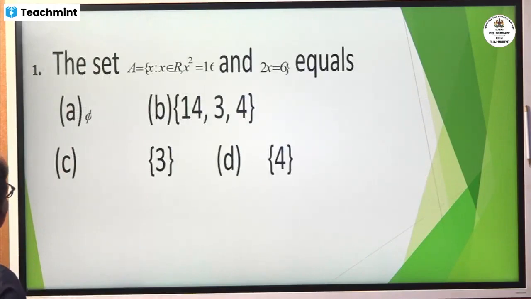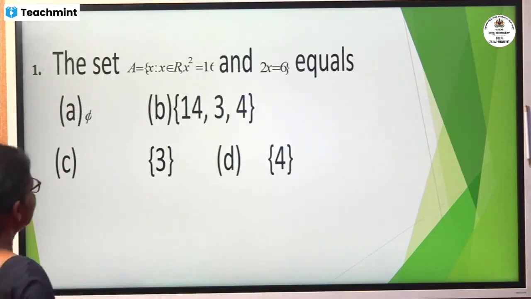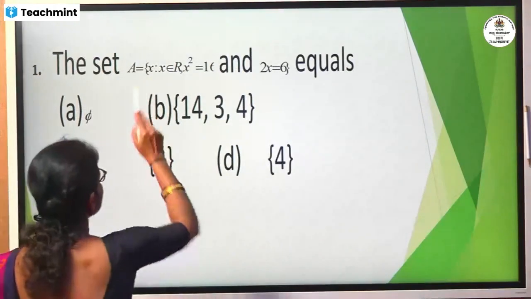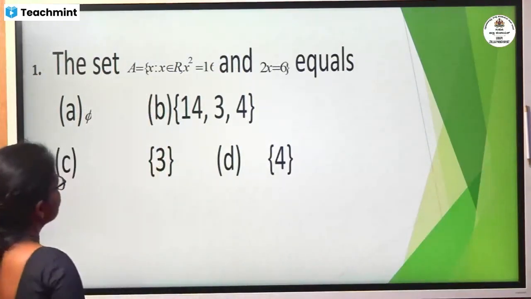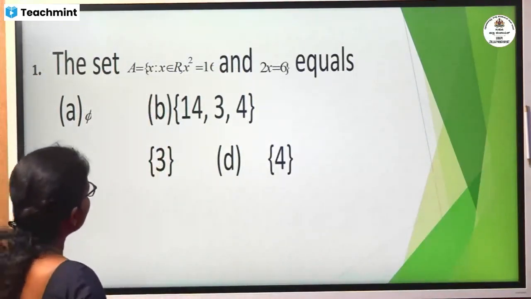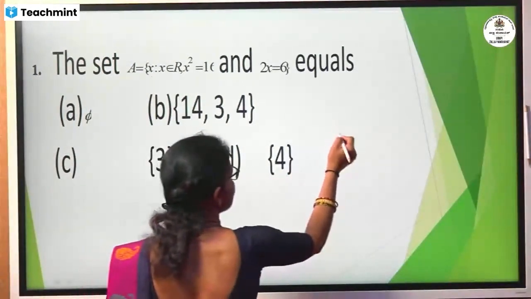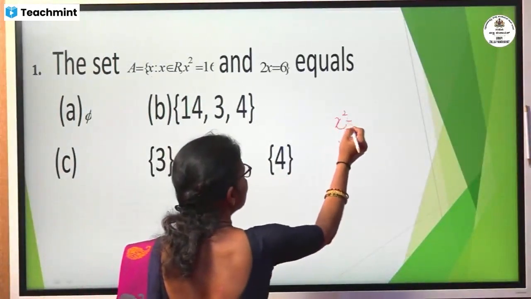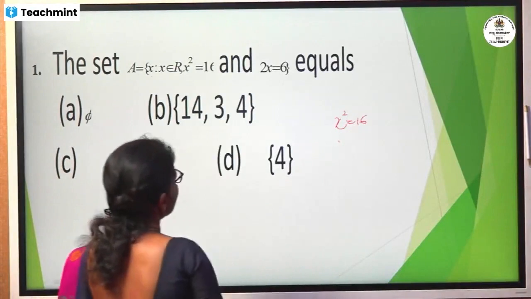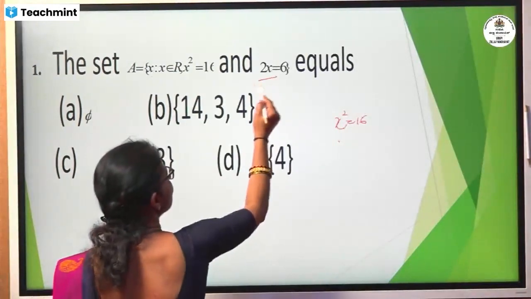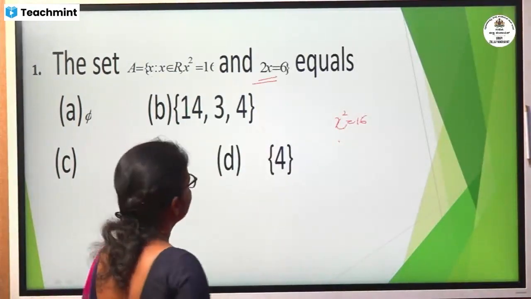Next question. The set A equal to a set containing x such that x belongs to R and x square equal to 16. This is one thing, x square equal to 16. And another condition is there, 2x equal to 6. So first simplify this.